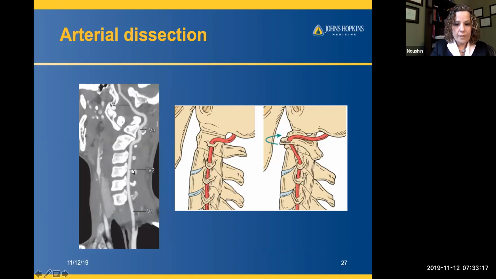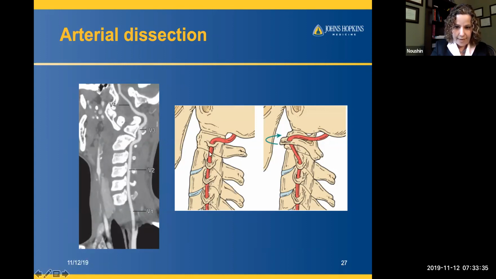And this is for vertebral artery. Remember, the vertebral artery in the neck has different segments, V1, V2, V3, and then V4. So V1 is before it enters the foramen transversarium, and V2 is when it's within the foramen transversarium from C6 up to C2.